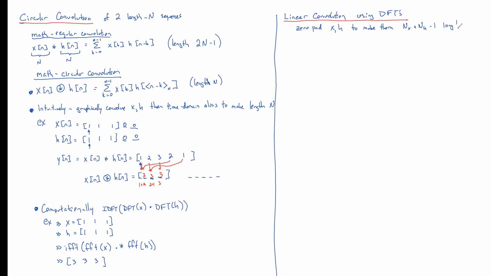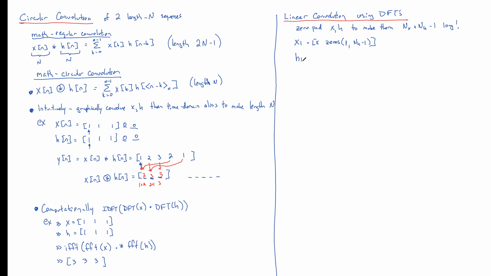And with that insight, now we can handle X and H's of completely different lengths. So specifically, you'd want to zero pad your new X, I'll call it X1, to equal your old X, and then you'll put your zeros of this minus your NX, so NH minus 1.